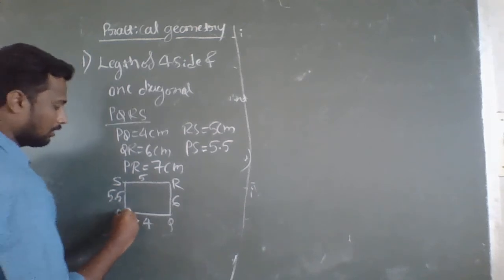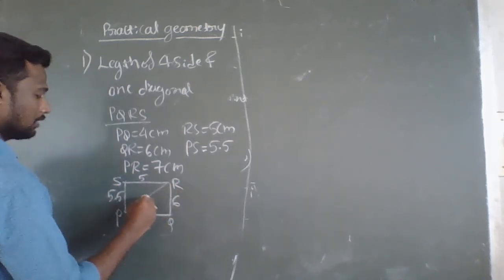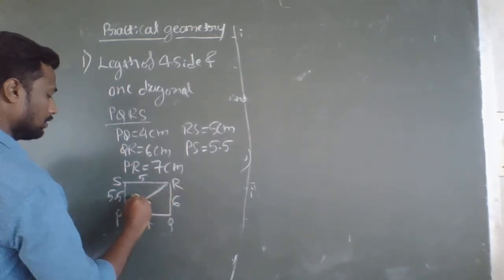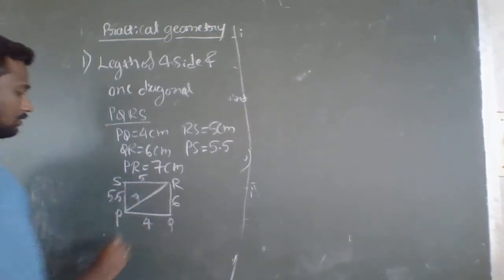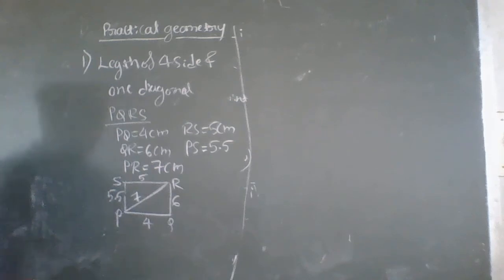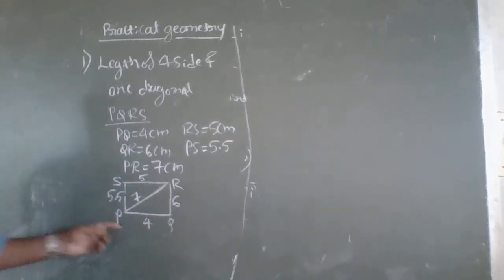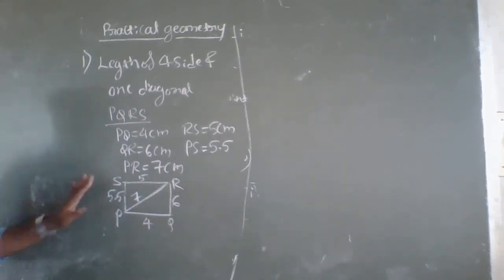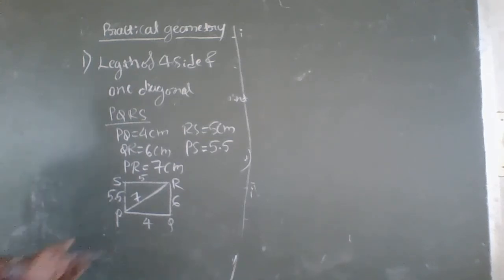PR is the diagonal, and this diagonal PR is 7 centimeters. By observing this rough diagram I can construct the quadrilateral.